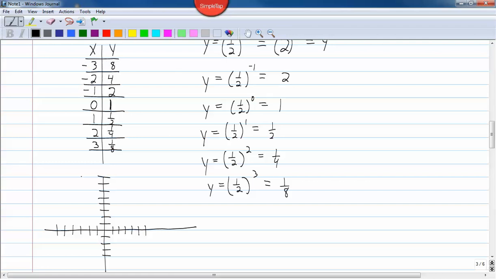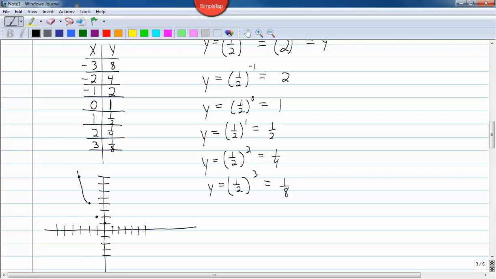So -3, 8 is here. -2, 4. -1, 2. 0, 1. Now here's where they start getting a little tougher to graph. 1, 1/2. So 1/2 other way. 2, 1/4. So that's closer to the x-axis. 3, 1/8. So that's even closer to the x-axis.